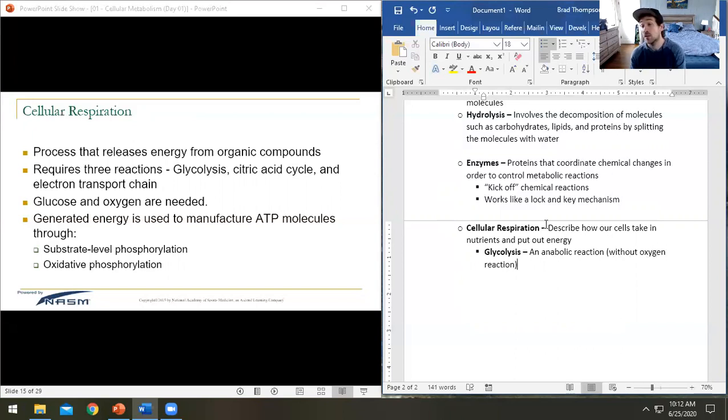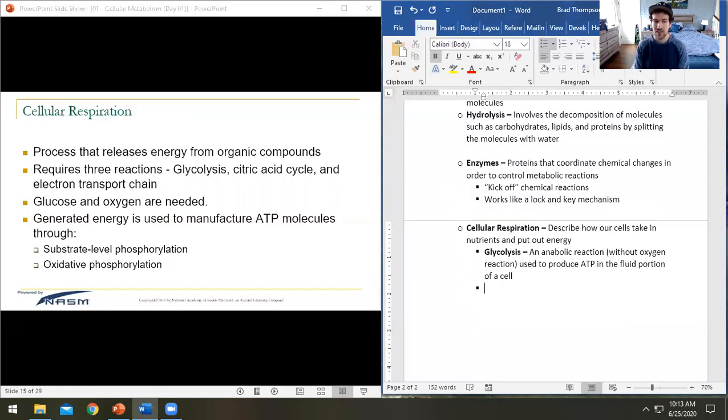It's a without oxygen reaction used to produce ATP in the fluid portion of a cell. So it's a good thing that it takes place without the use of oxygen, because it's doing it in the liquid portion of a cell where there really isn't any oxygen. That's the first part of metabolism.